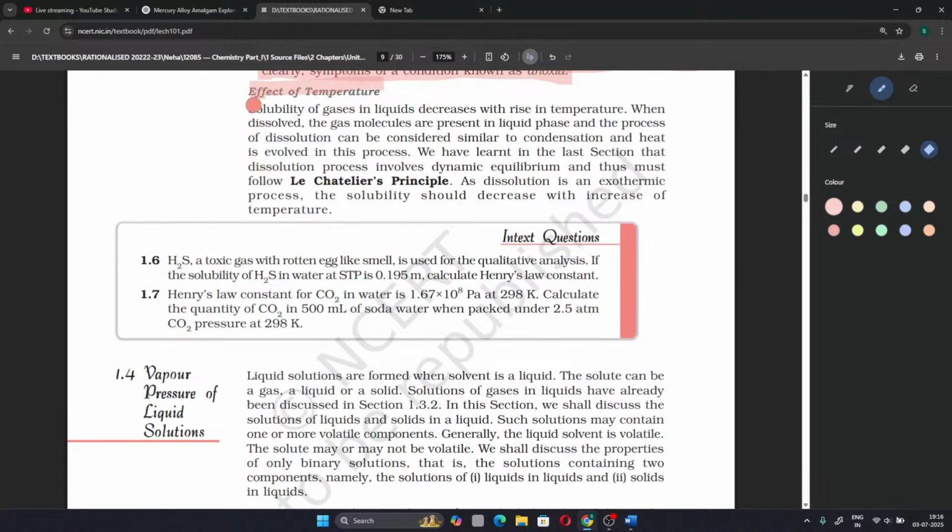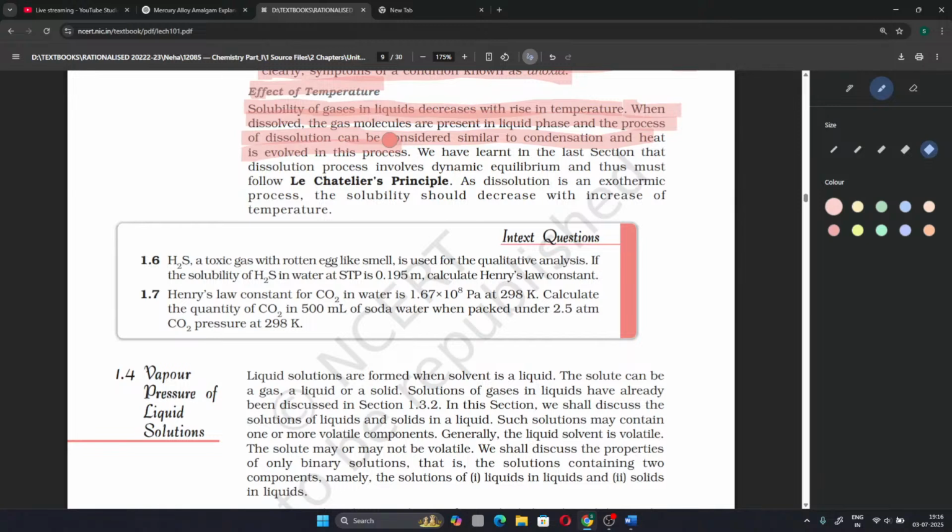Effect of temperature. Solubility of gases in liquids decreases with rise in temperature. When dissolved, the gas molecules are present in liquid phase, and therefore the process of dissolution can be similar to condensation, and heat is evolved during this process.